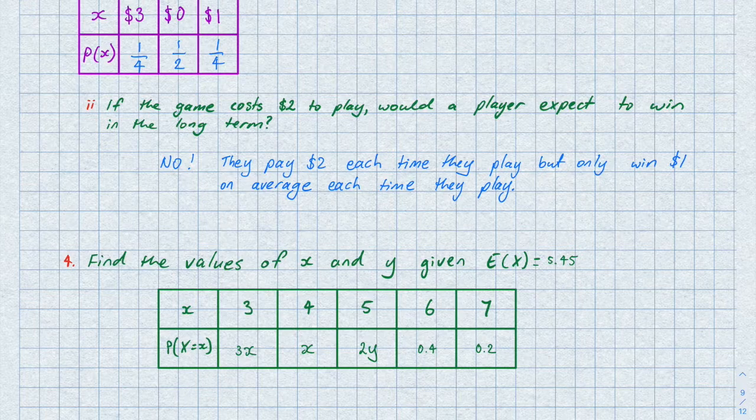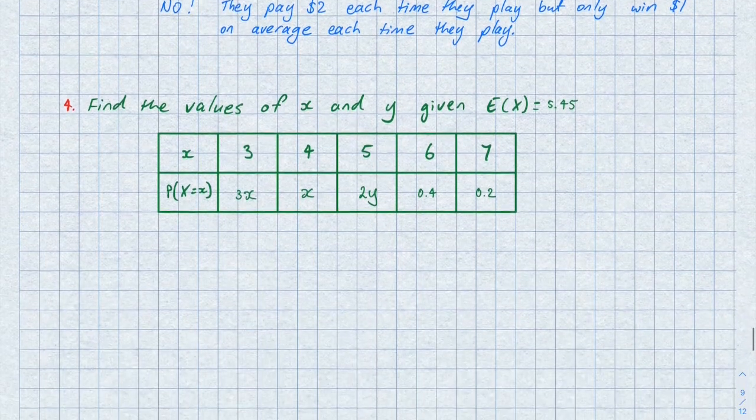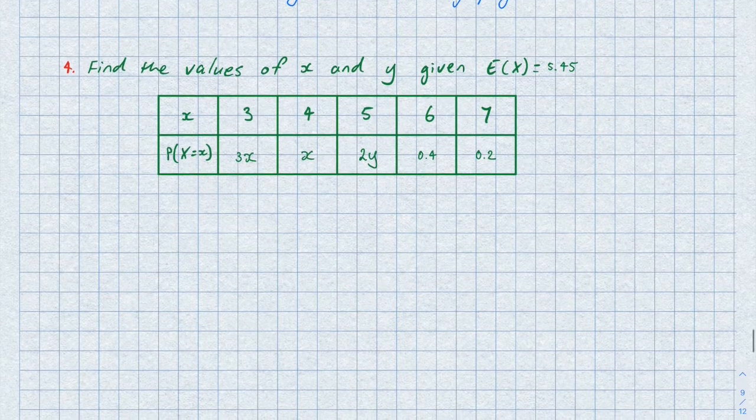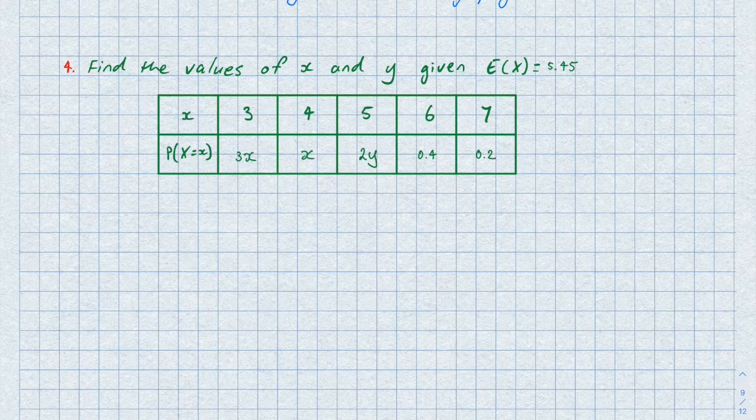In question 4, we have to find the values of x and y given that our expected value equals 5.45. So we do this with simultaneous equations. There are 2 things we know. One is that 3x plus x plus 2y plus 0.4 plus 0.2 is going to equal 1.